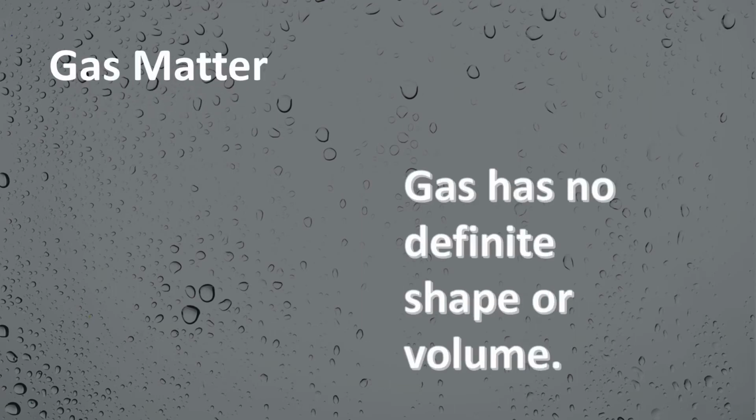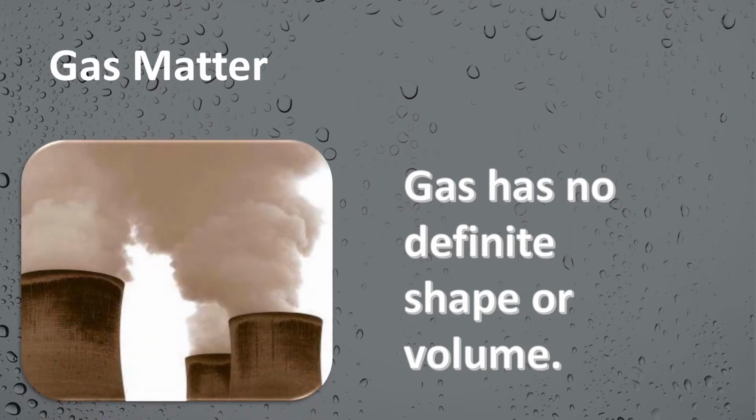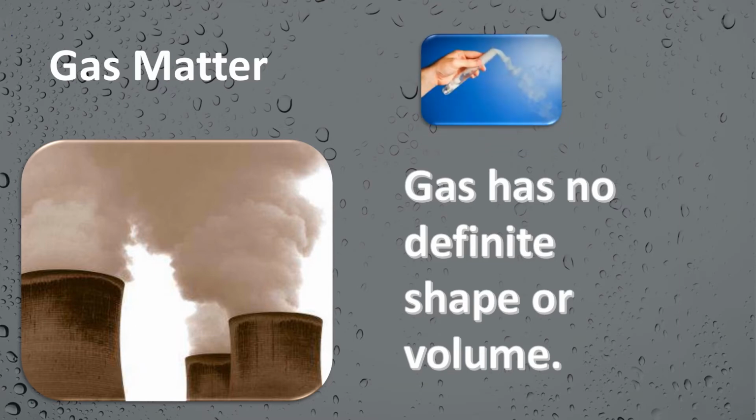And lastly, gas matter. Gas has no definite shape or volume. In this picture, you can see smoke coming out of a chimney of a factory. Also, the smoke coming out of the test tube, these are examples of gas.